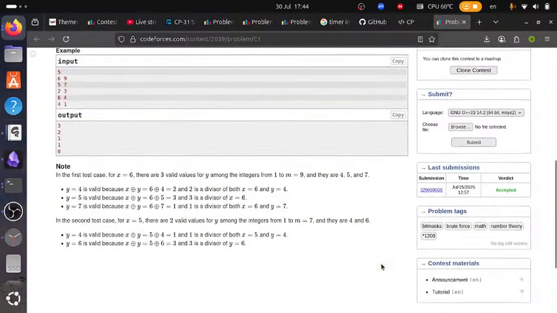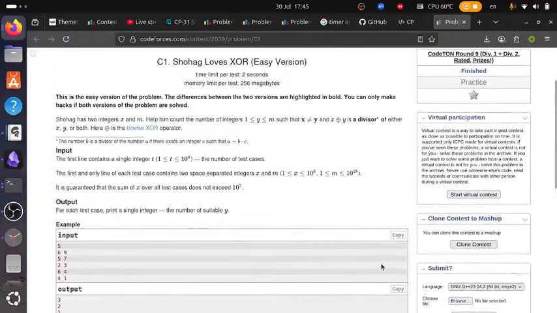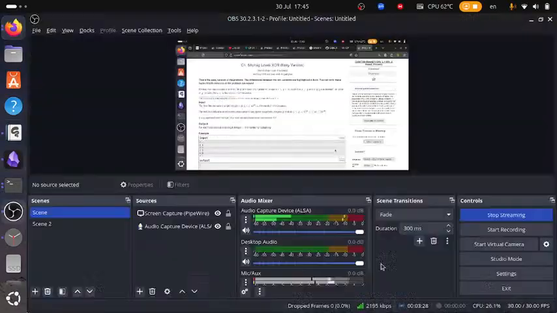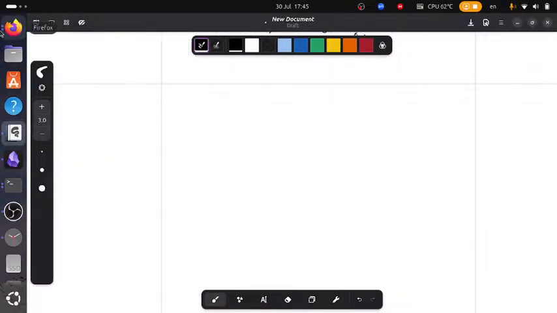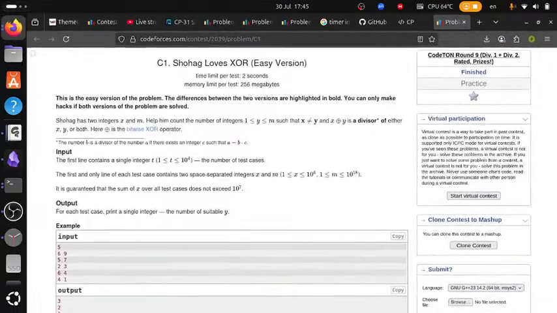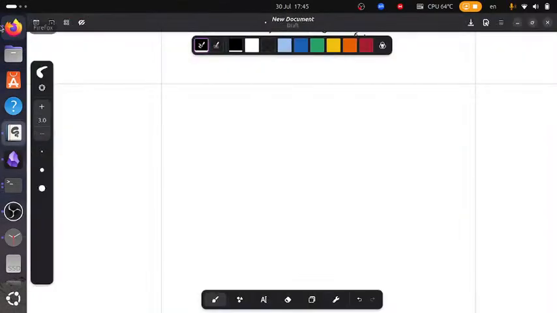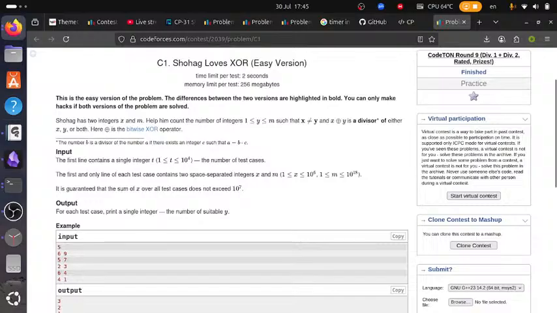Let's see. X does not equal y, and x XOR y is the divisor of either.